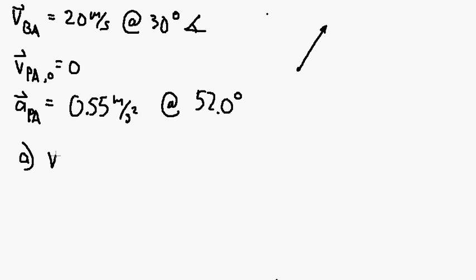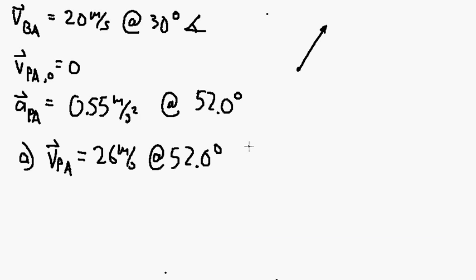So the velocity of Jeep P with respect to guard A is, I believe they said 26. Is that right? Yes, 26 meters per second, and that's also at 52.0 degrees. So we have to do components here. The x component is magnitude times cosine of theta.